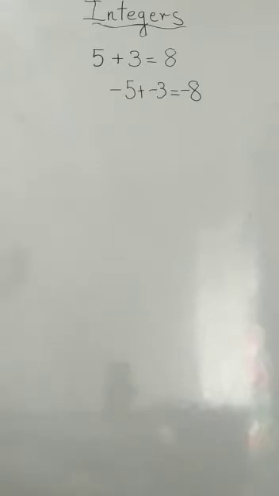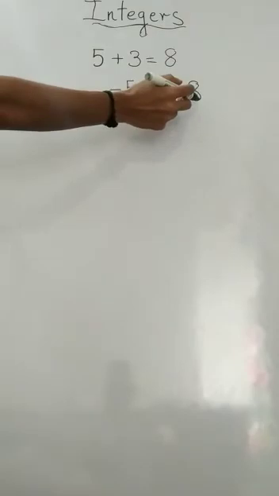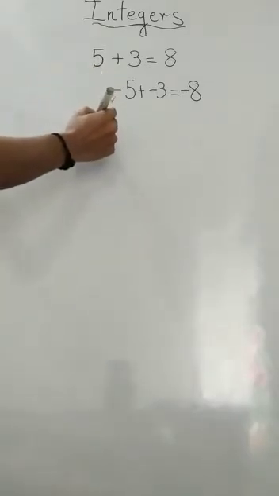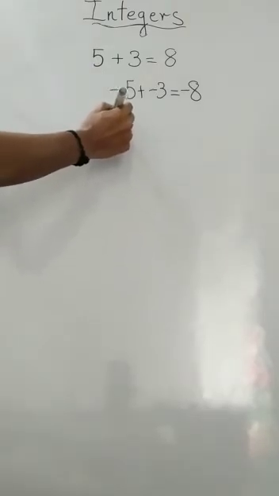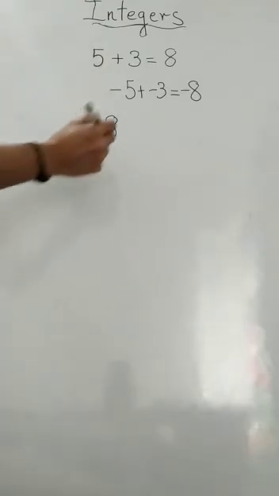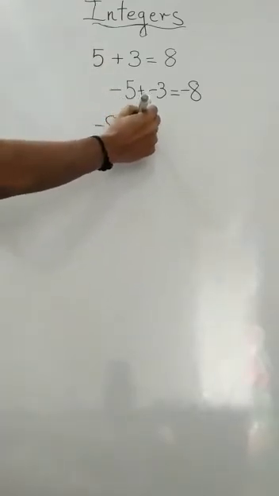Now Sunita already has to give how much? Minus 8. Right? Next, mother gave you 2 rupees. So she has to give minus 8 rupees to Dada, but she gets 2 rupees from mother.